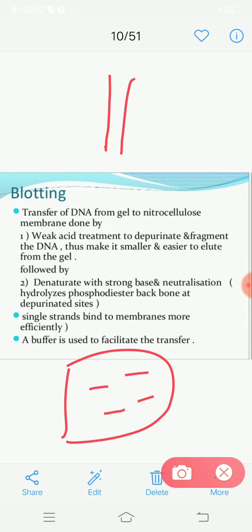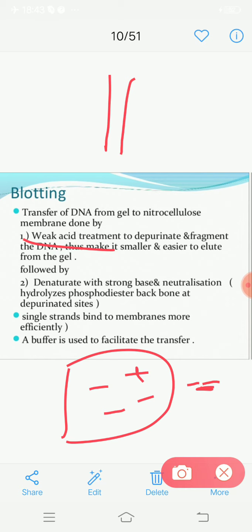First of all, treat with weak acid. After treating with weak acid, suppose there is a purine in between, it will be removed like this. So it becomes depurinated using weak acid. After that you denature with the strong base, which hydrolyzes the phosphodiester backbone at the depurinated site. These steps are important.